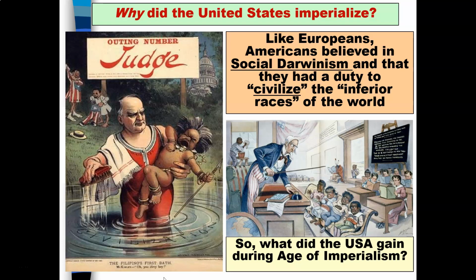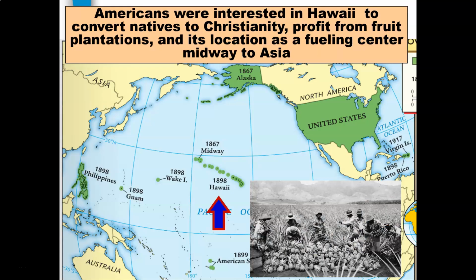So what did the United States gain during the age of imperialism? Americans were interested in Hawaii to convert natives to Christianity. On top of that, they wanted to profit from fruit plantations and its location as a fueling center midway to Asia. So Hawaii was a very important place in the world.